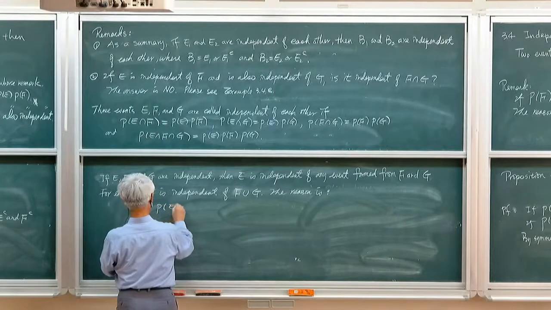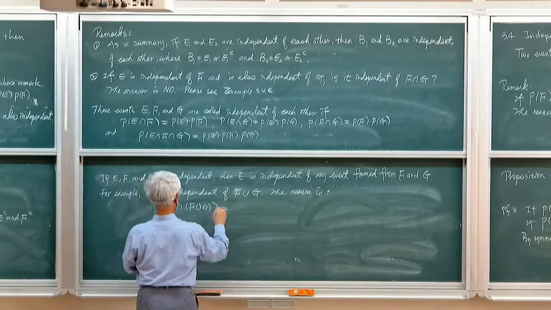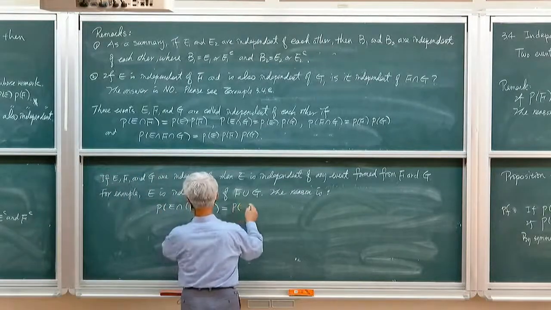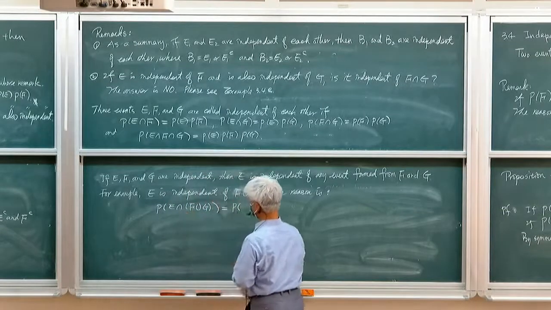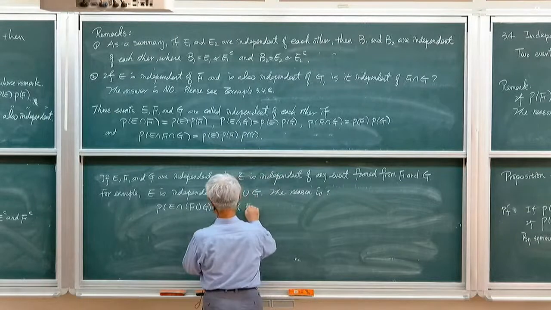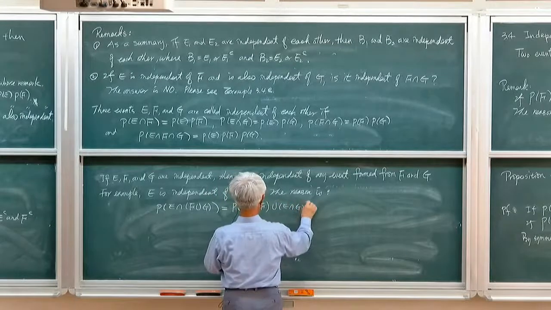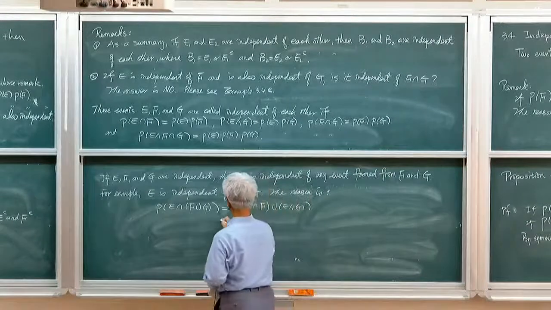Probability of E intersect F union G. All right. Now, by the distribution law of intersect to the union, this is E intersects F union E intersection G. Okay. All right.